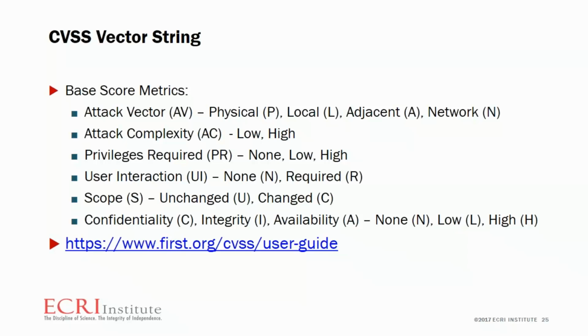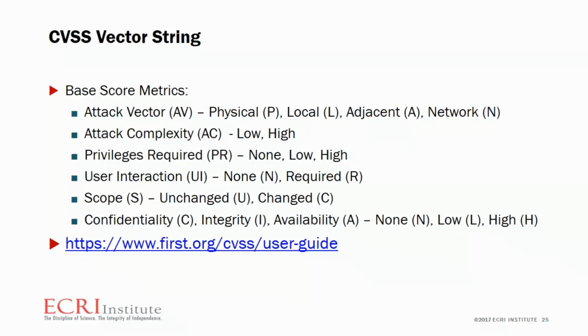Attack vector: whether or not you need physical access, or you can do this remotely from the network, or if you have to be locally authenticated. Attack complexity: how easy is this to handle? Can a script kiddie do this, or is this a very sophisticated attack? Privileges required: do you have to be authenticated, or do you need root access?